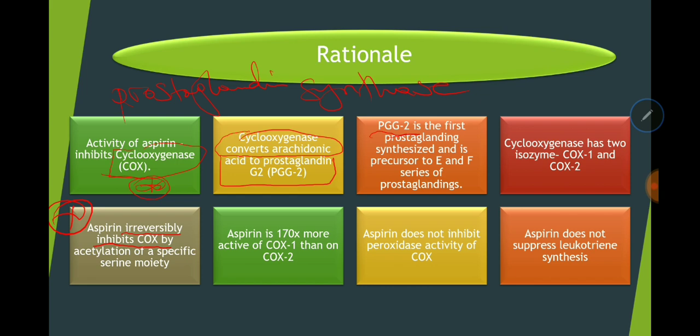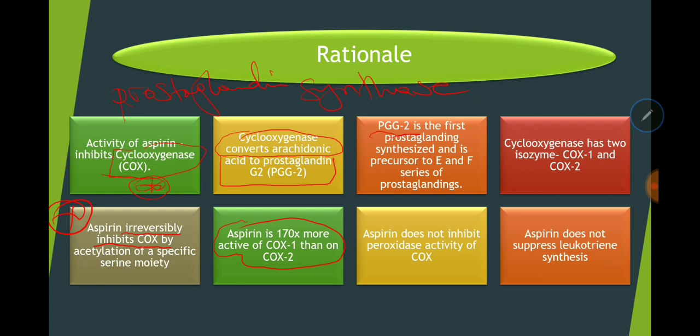All right, so aspirin is approximately 170 times more active on COX-1 than COX-2. And aspirin, however, does not inhibit peroxidase activity of COX.